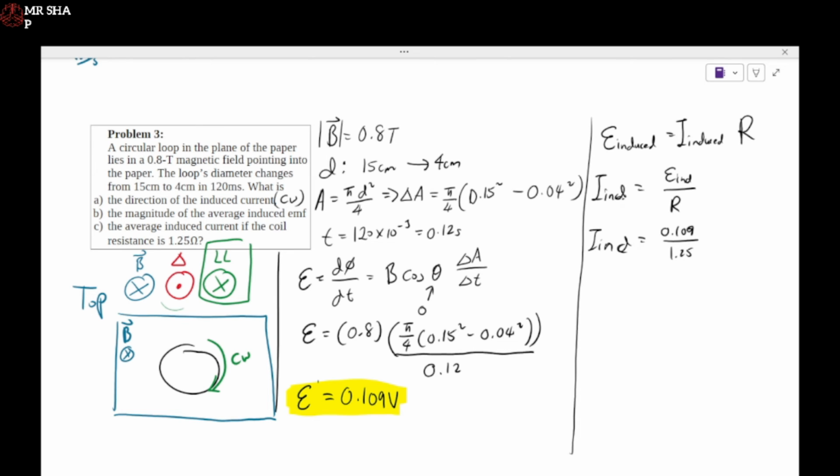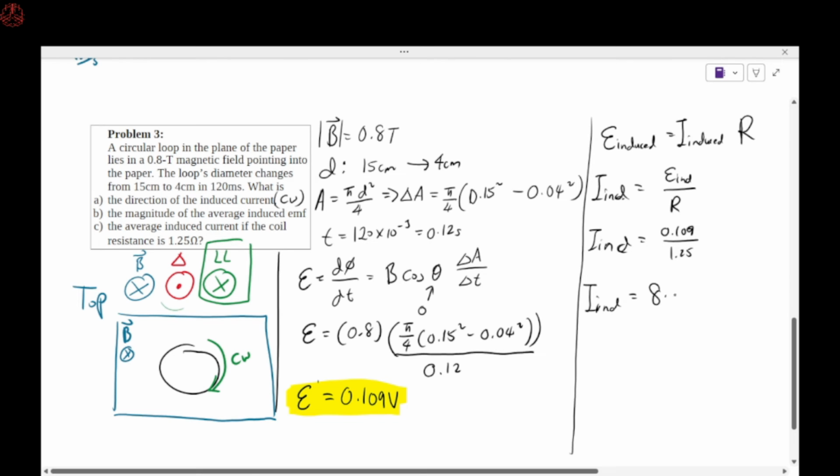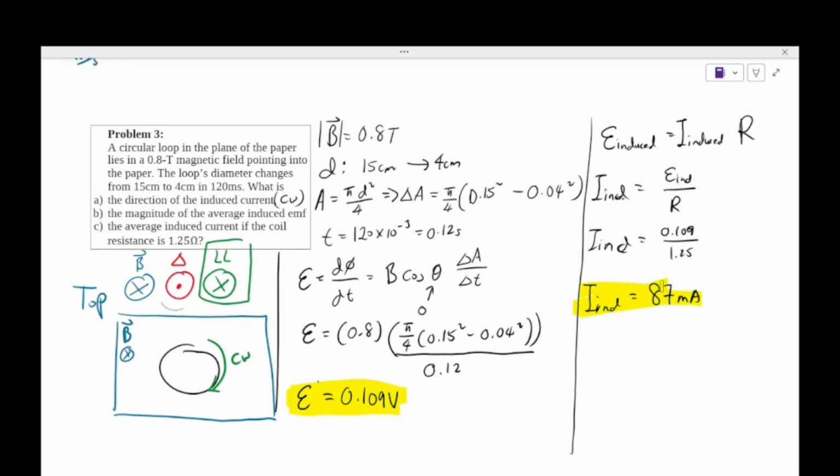And thus my induced current will be 0.087, which is 87 milliamps. So 87 milliamps. And that is my final answer for the third part, which is just the magnitude of induced current.